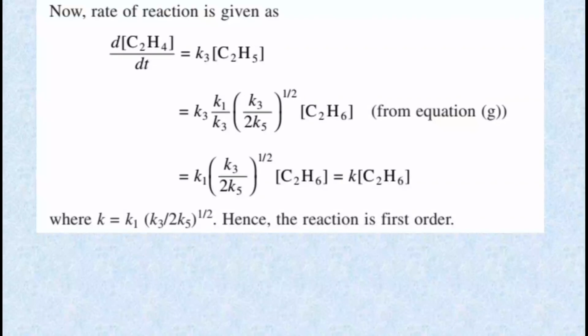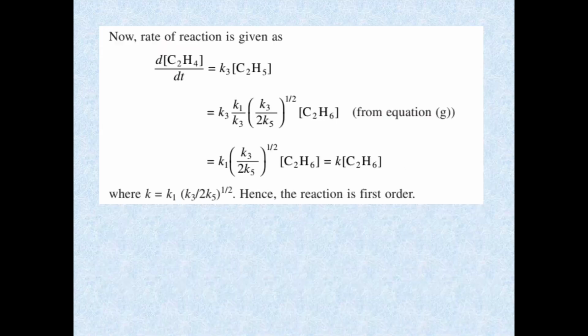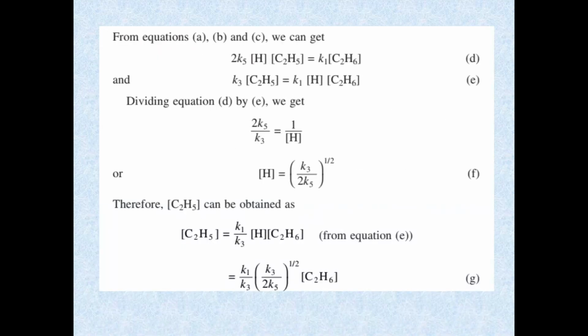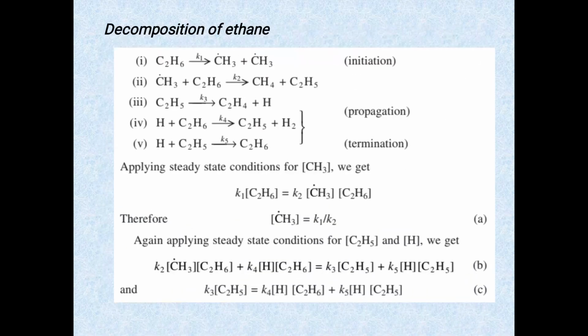Now the rate of reaction is given as d[C2H4]/dt = k3[C2H5]. We already have the [C2H5] equation, so that can be substituted here.